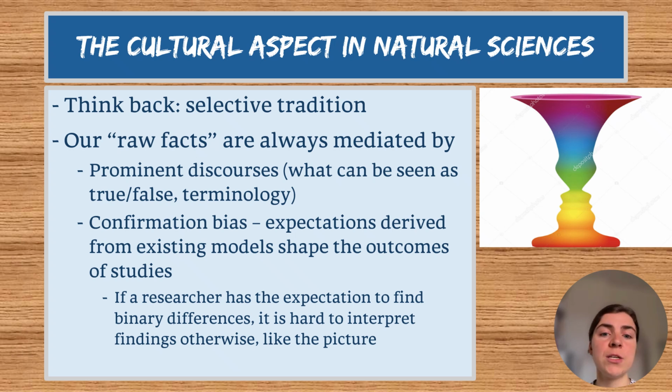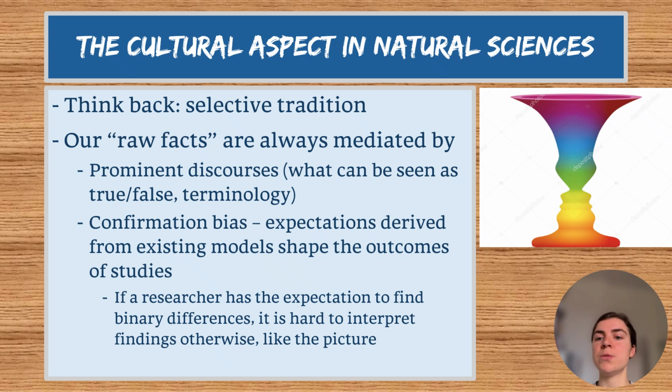So if a researcher has the expectation to find binary differences when researching gender, then it is very hard to interpret the findings otherwise, like in the picture above. So if I told you this is a drinking cup or glass, then you would see that. And if I told you first that those are two faces, then you're very likely to see the two faces first.